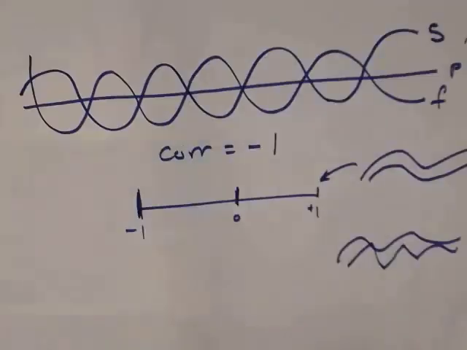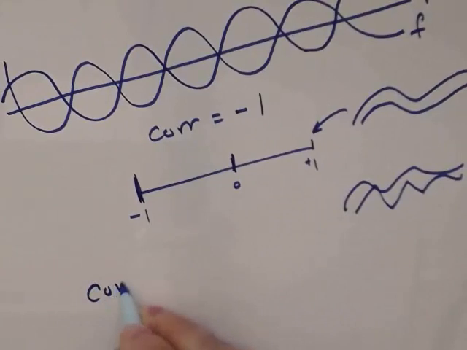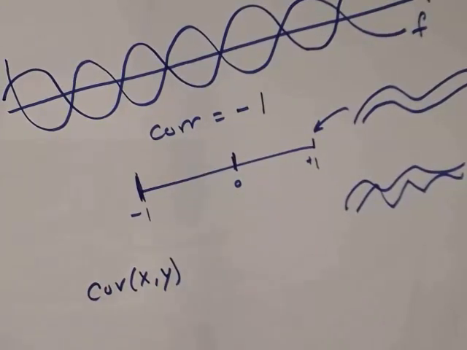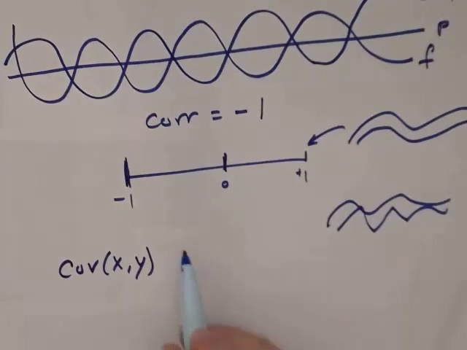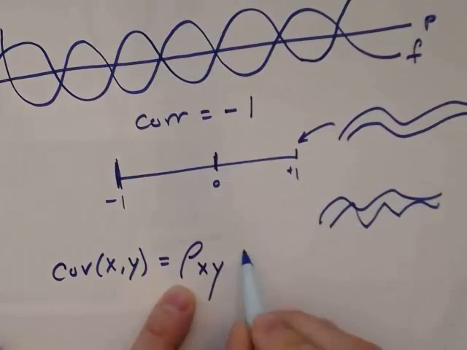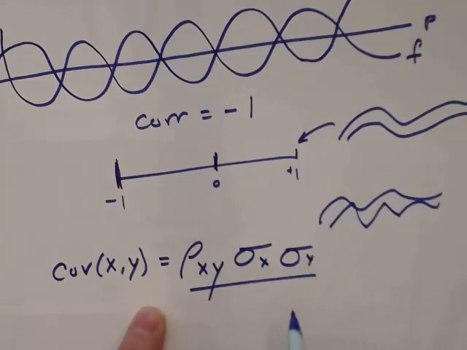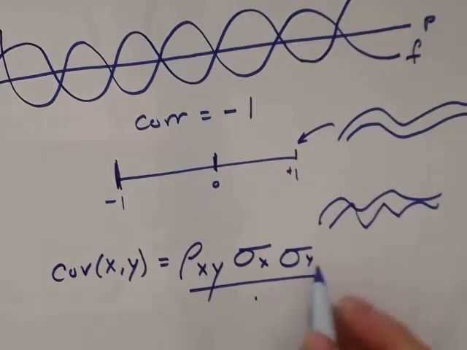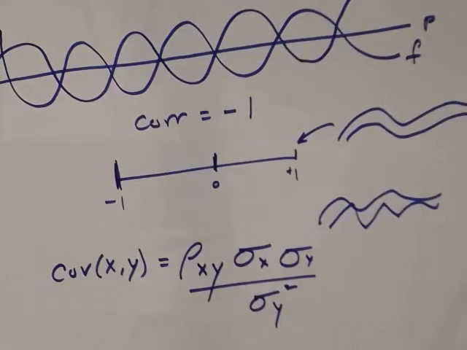The covariance in general between, say, X and Y, let them be two stocks or two prices of anything, is the correlation between X and Y, and correlation is this italicized P. It's really called rho. It's times the standard deviation of X times the standard deviation of Y, divided by the variance of Y, with variance being sigma squared Y.